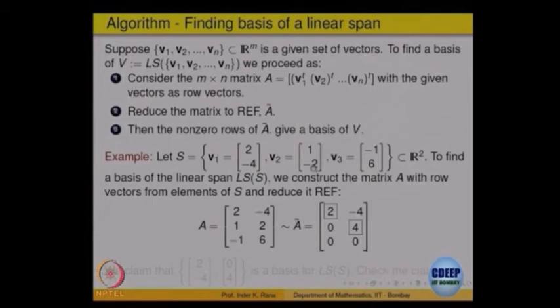The next one is 1, minus 2; I have missed the minus 2 here, a typo. And the next one is minus 1 and 6. So, write these vectors as row vectors and reduce. The reduced form is this. There are only 2 rows which are non-zero. So, what should be the basis? The vectors 2, minus 4 and 0, 4. These two give you the linear span.